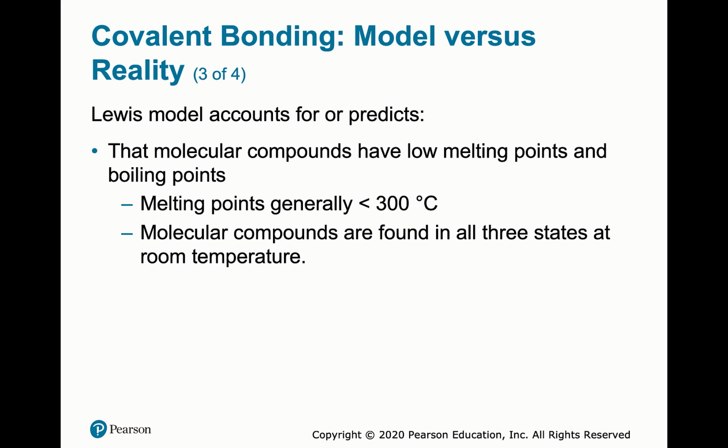Also, this is more intermolecular forces instead of intra. We'll talk more about the forces between molecules. Molecules tend to have lower melting points. Because of this, you can see molecular compounds in all 3 states at room temperature.